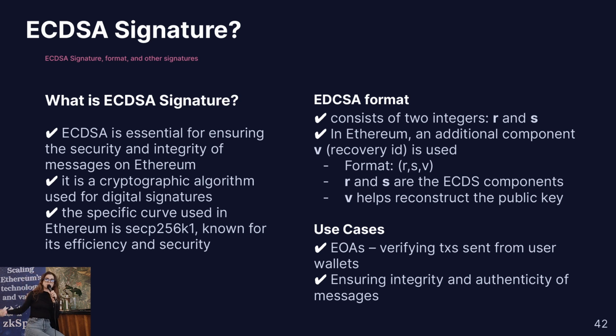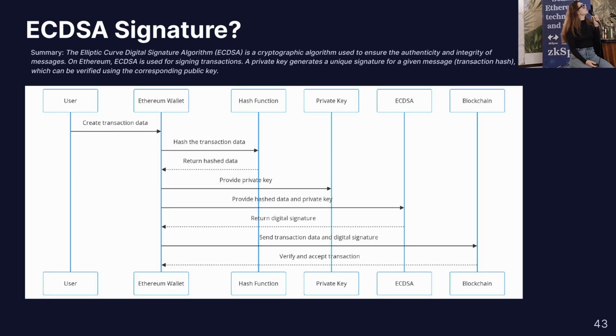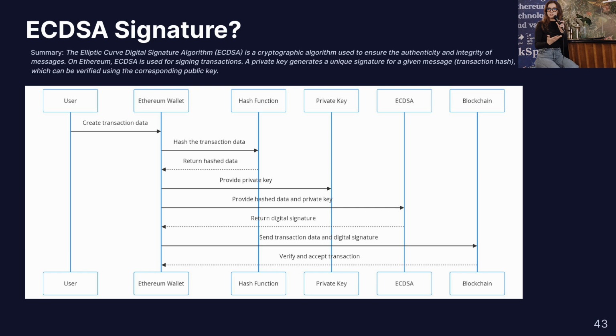To get into that topic, I want to give an introduction to the ECDSA signature, the Elliptic Curve Digital Signature Algorithm, which is used for externally owned accounts to create the digital signature and to verify its message and authenticity. It's a cryptographic algorithm, and it uses the curve called secp256k1, which is known for its efficiency and security.